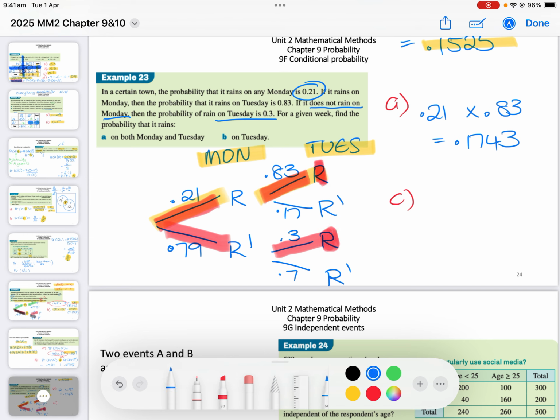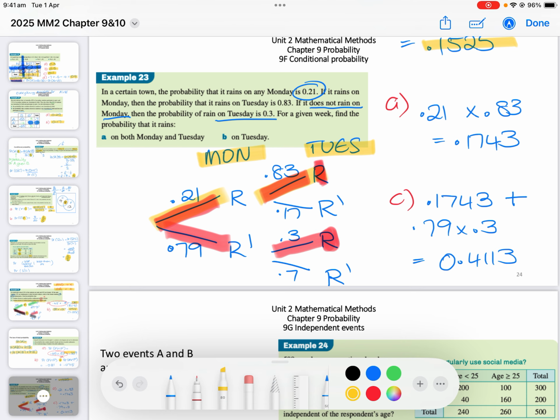So we have 0.1743, we found that out from A. So that's one scenario, or it can be this not rain, rain, which was 0.79 times 0.3. And if we work those out, 0.4113.